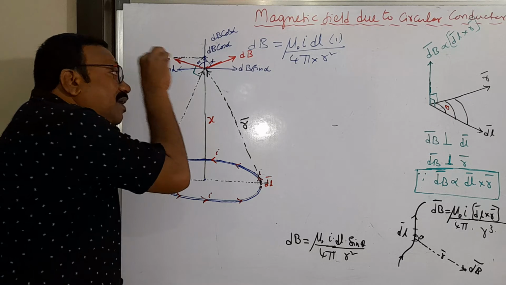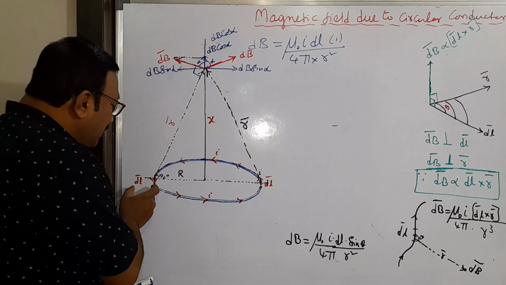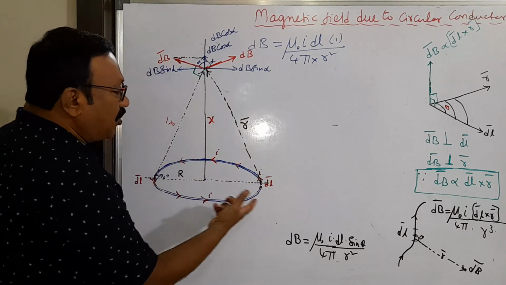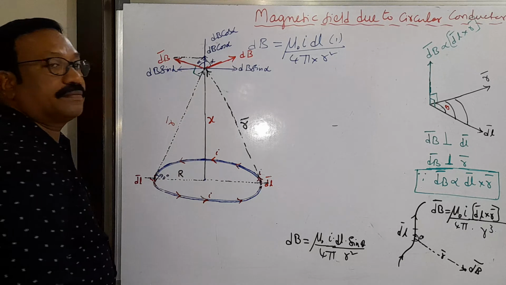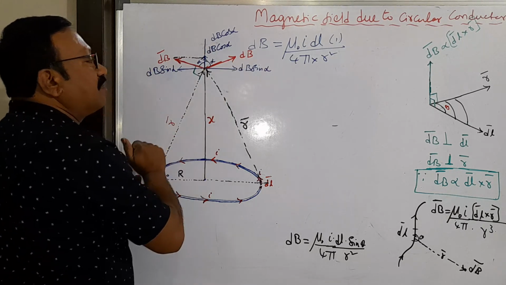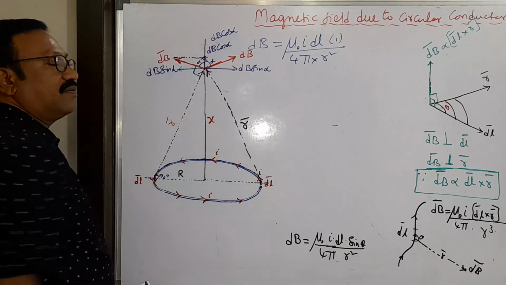I want the total magnetic field here due to this circular conductor. But due to this element dl, I am getting this information. For another, opposite dl element, I am getting this information: dB, dB cos alpha, dB sin alpha.